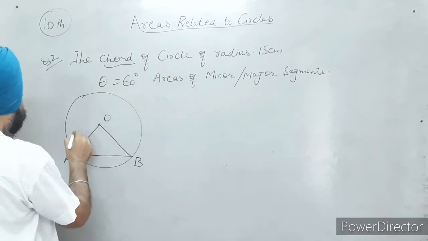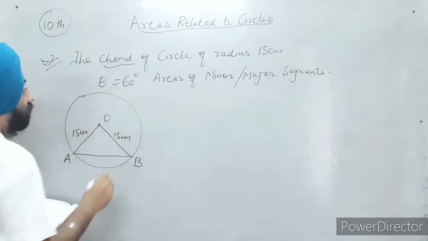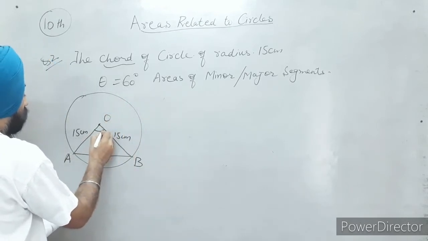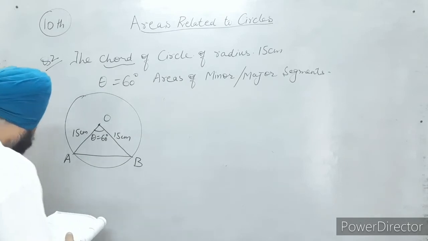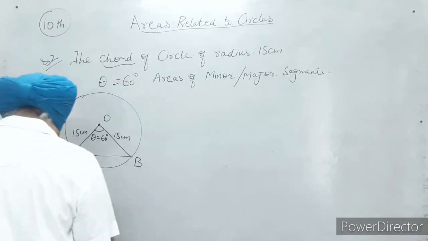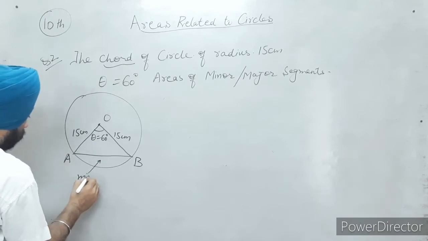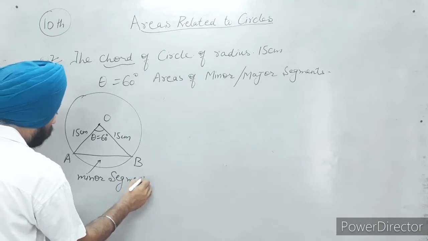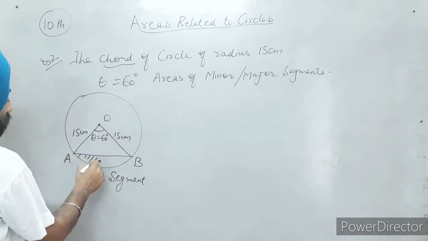Now the radius is 15 centimeter, right? Now theta is 60 degree, the central angle theta is 60 degrees. Now what are we to find? We are to find the area of the minor segment, this is the minor segment, and the area of the major segment.